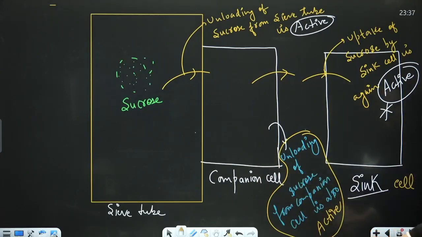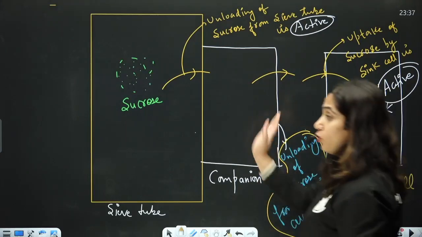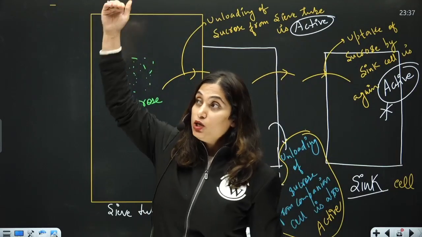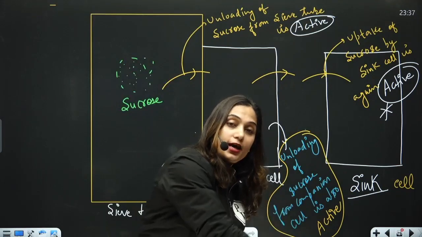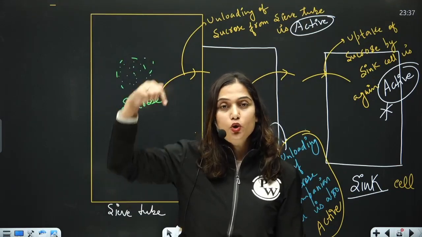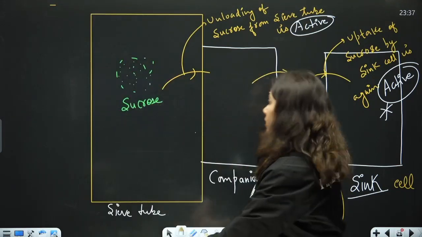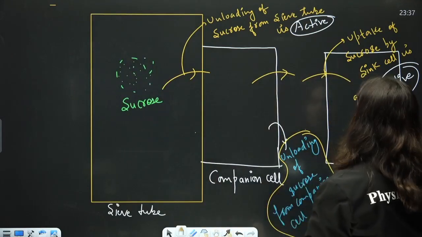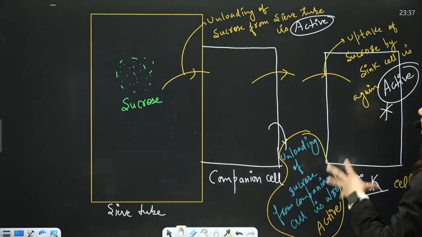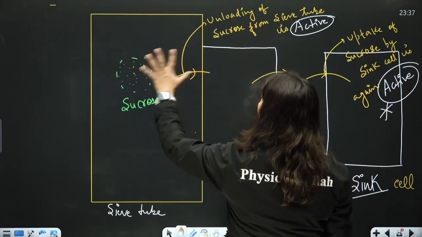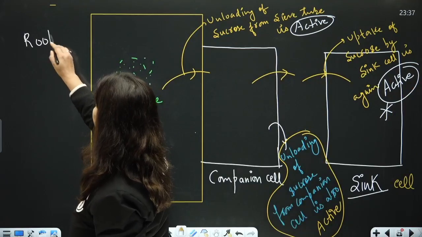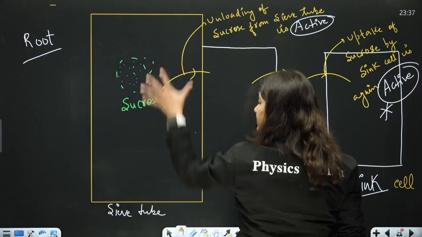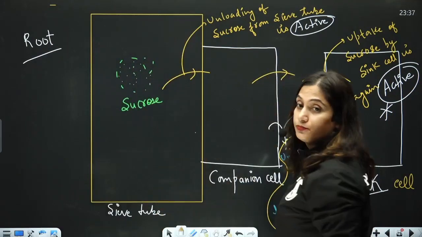Now let's come to the sink. Now the phloem sap is flowing, and it has come down to the sieve tube of the root. This is the setup of the root. This is the sieve tube of the root.